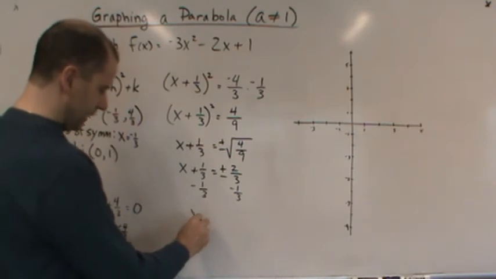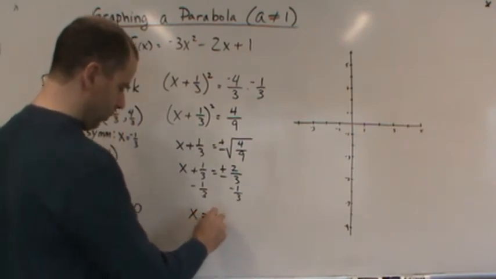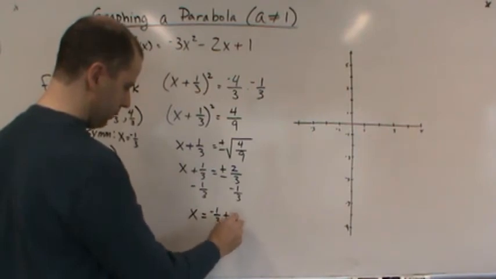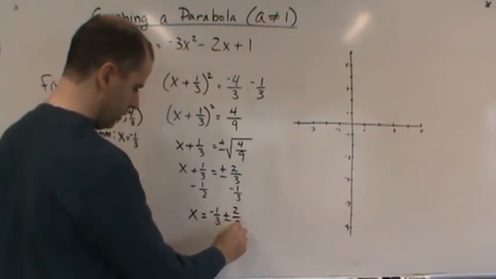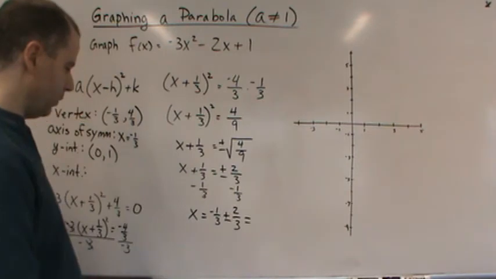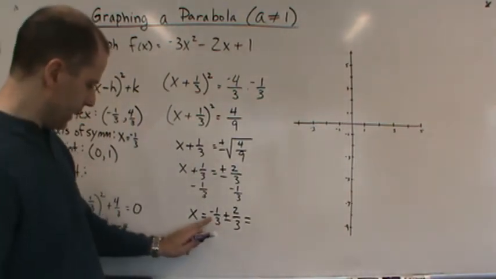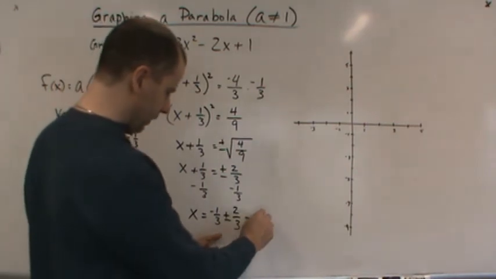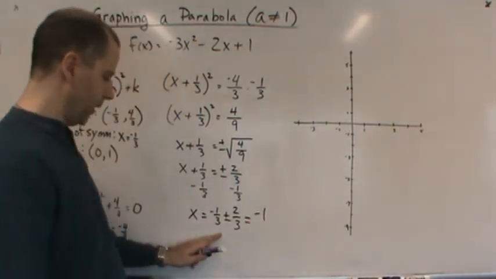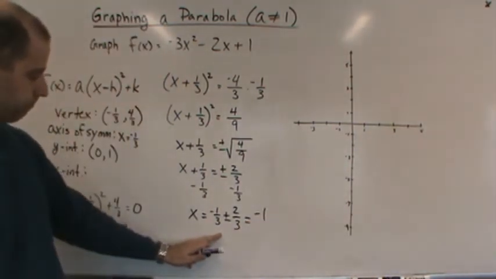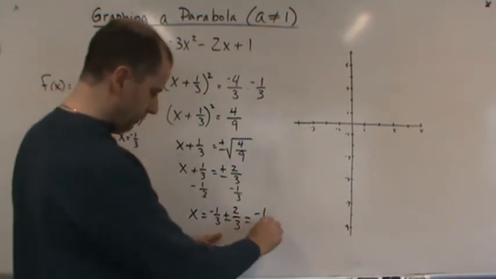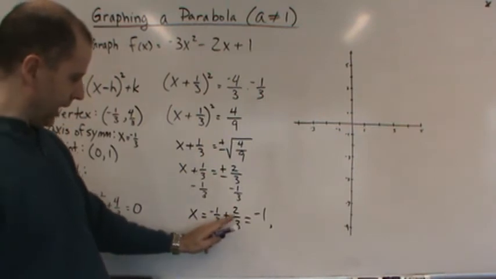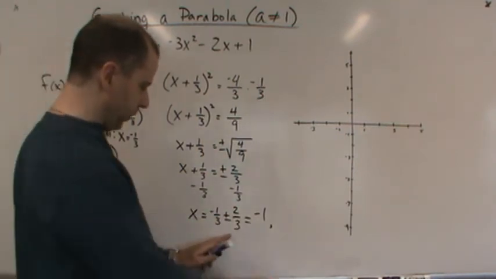And so now all I have to do is subtract 1/3 from both sides, and I get x equals what? Negative 1/3 plus or minus 2/3. So what is that going to equal? Well, if I take negative 1/3 minus 2/3, that's going to give me negative 1. Right? And if I take negative 1/3 and add 2/3, I'm going to end up with 1/3.